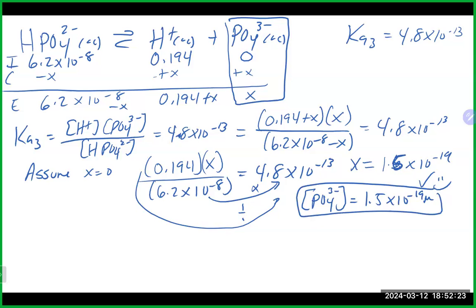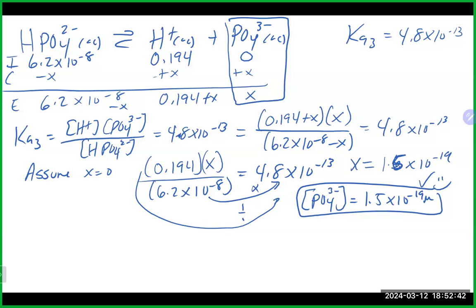Once again, what happens with our H plus in this case? If I put that number back into the H plus, we still have 0.194. It basically doesn't change. And our HPO4 2 minus also pretty much doesn't change either.